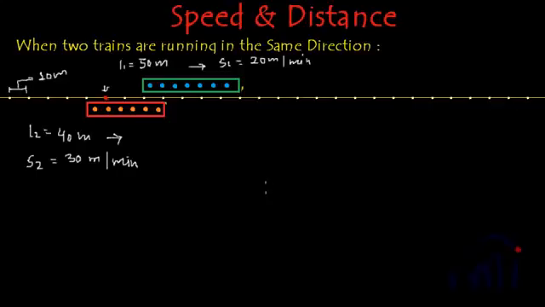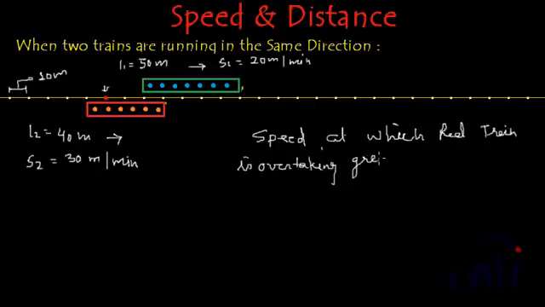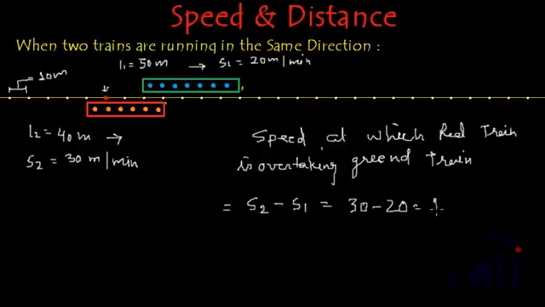So the speed at which the red train is overtaking the green train is equal to the speed of the red train, S2, minus the speed of the green train, S1, that is 30 minus 20, 10 meters every minute, right?